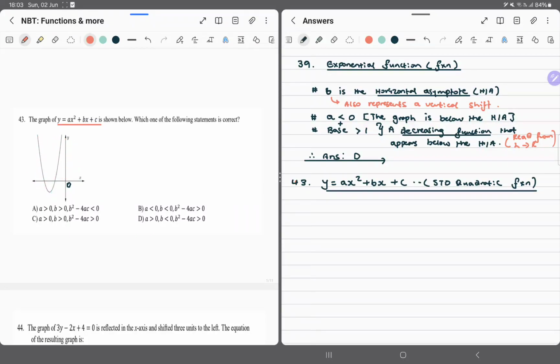So when this graph is concave up, it means the coefficient of the highest degree power in this expression is positive.